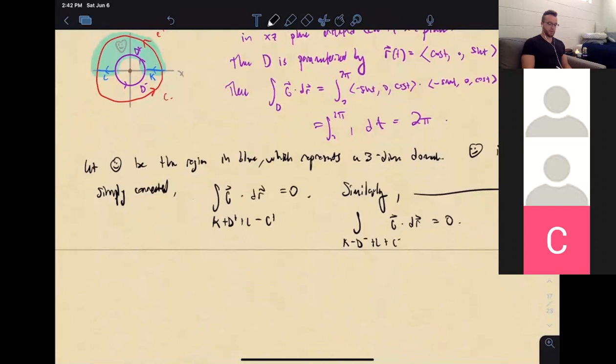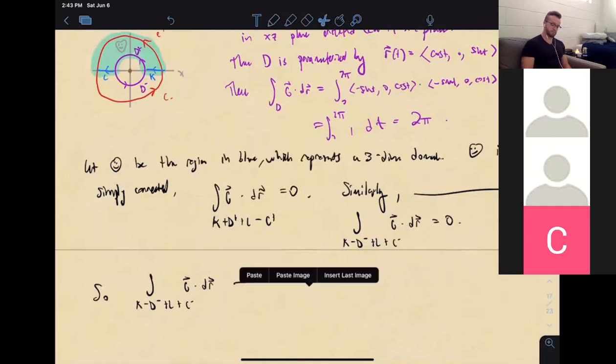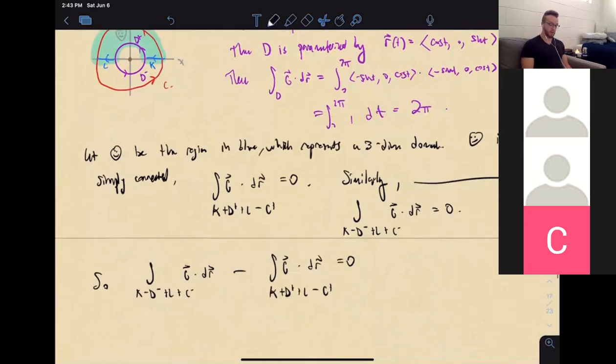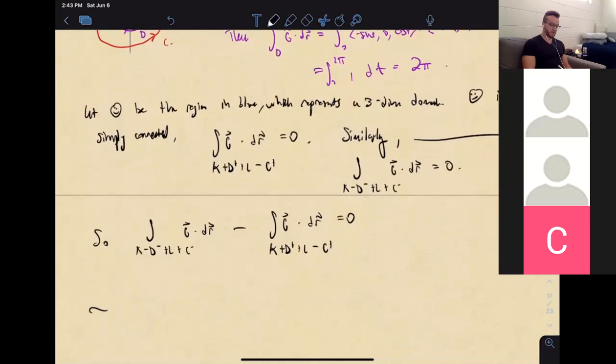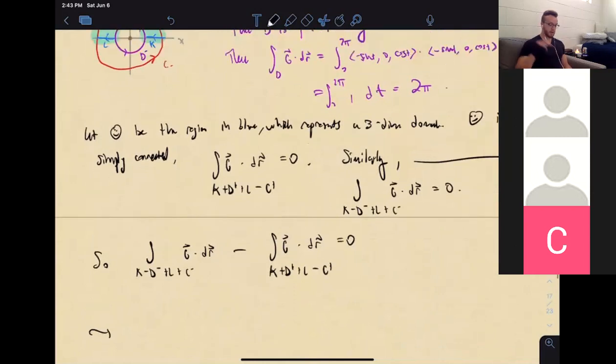So let's see, what would I want to do? I would probably want to take this one minus this one. If I take this minus this, we get 0 because it's 0 minus 0. And then what is the left-hand side? K minus K goes away.